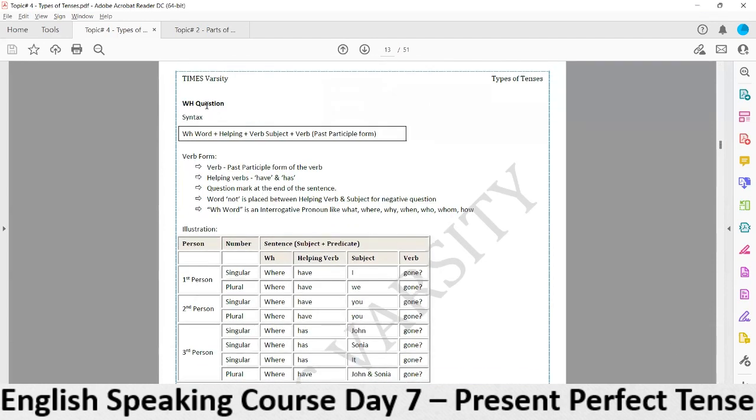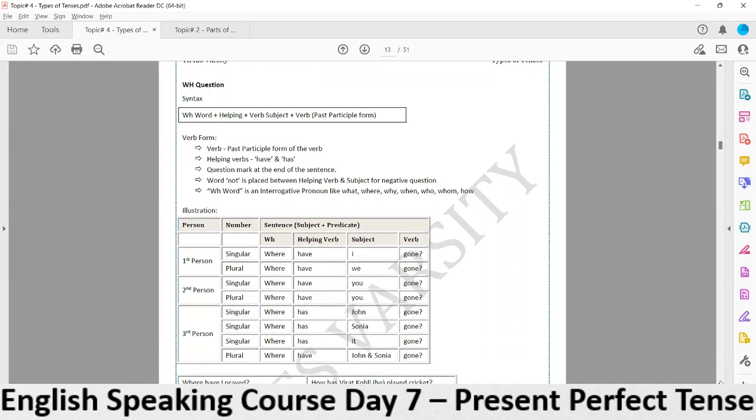WH question, as it is applicable for all: first WH word, then helping verb, then subject, and then verb, the past participle form of the verb, with the same helping verbs, and at the end a question mark, right? And the word not is placed between helping verb and subject for a negative question. And a WH word is an interrogative pronoun like what, where, why, whom, who, how. So these are called WH words.